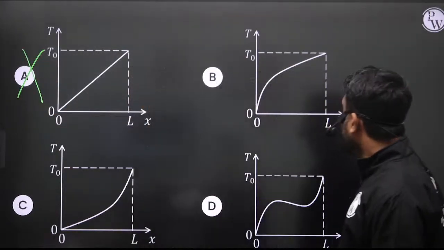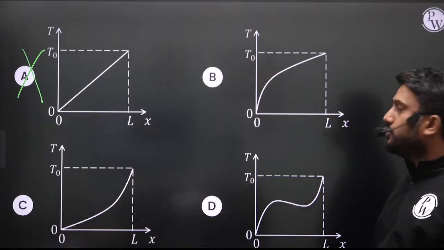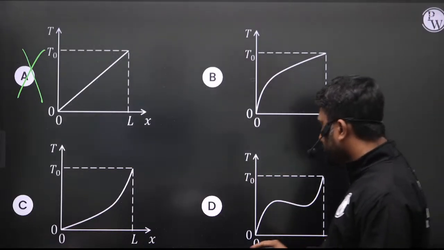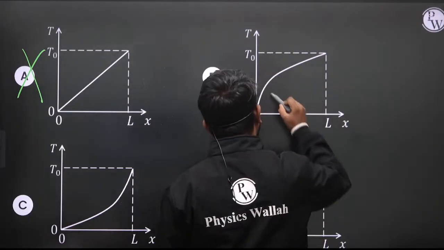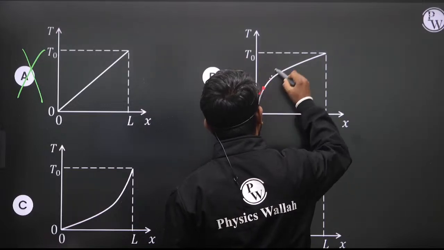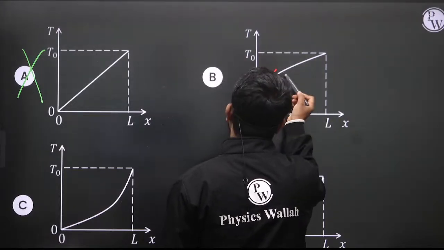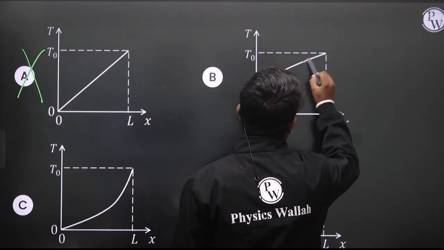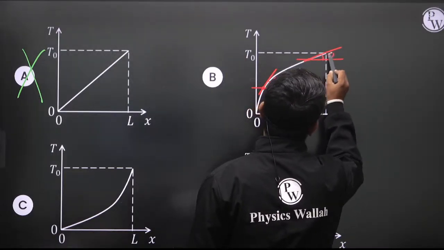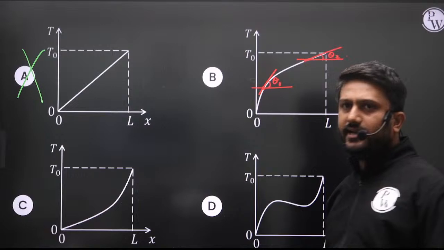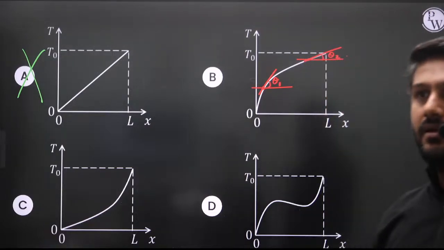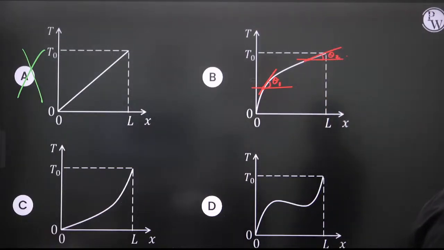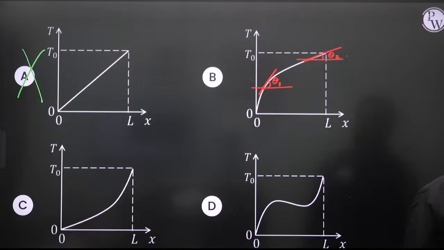Now come to option B. In option B, if you draw the slope here, let us consider this is theta 1 and this is theta 2. Theta is nothing but dT by dx only.